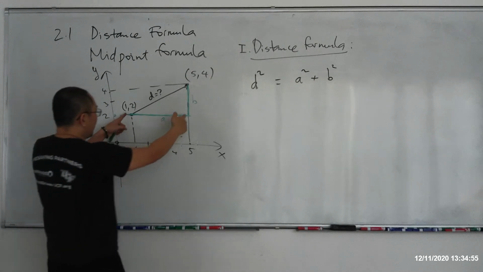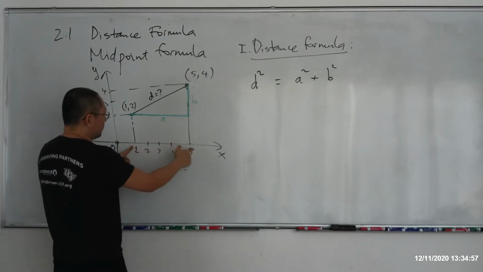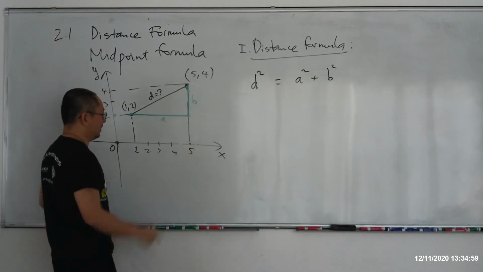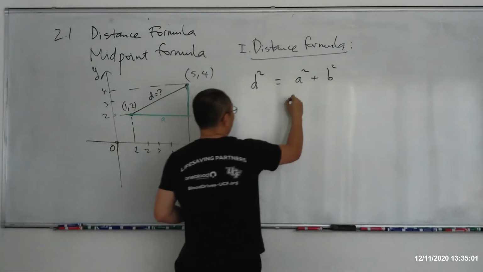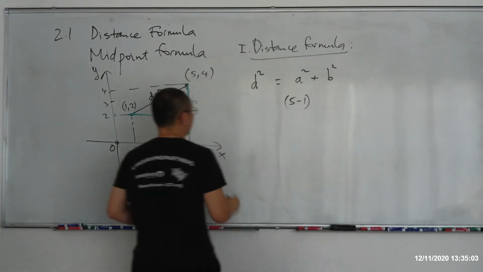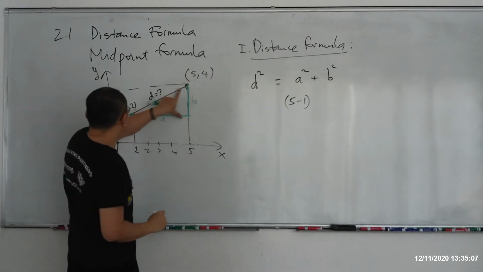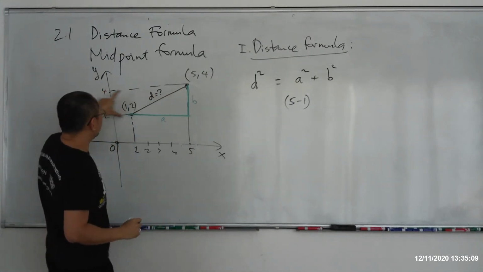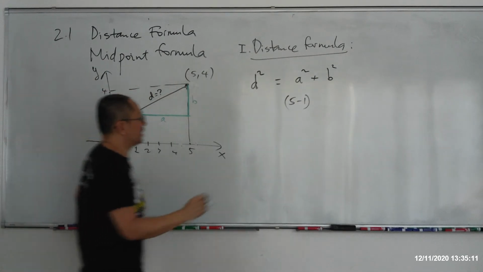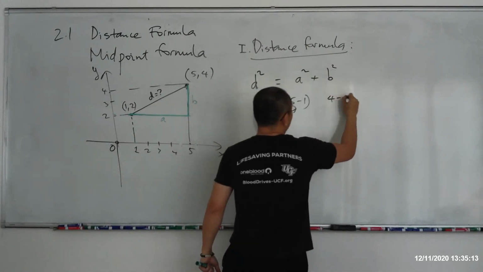So how do I calculate A? A is the distance from 1 to 5. How long is that? 4, right? Really, 4 comes from 5 minus 1. Okay, that is A, 4. And what about B? B is from 2 to 4. How far is it from 2 to 4? Is that 2, right? This comes from 4 minus 2.